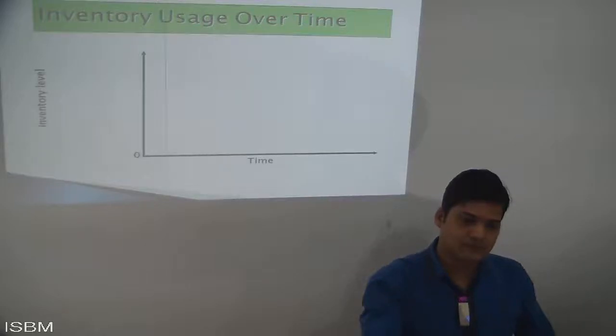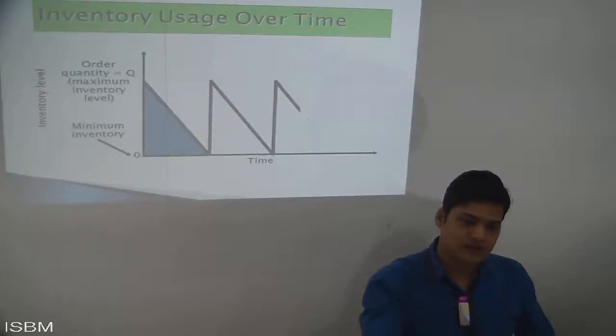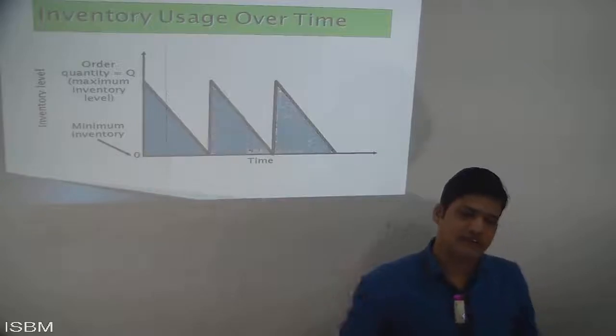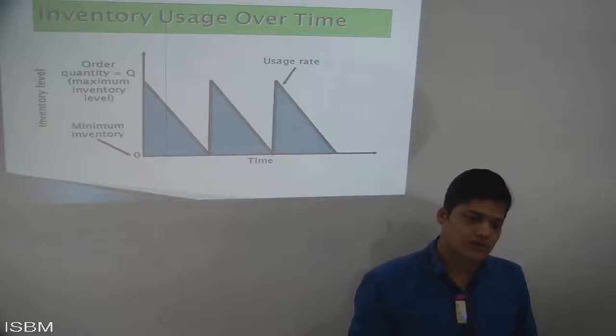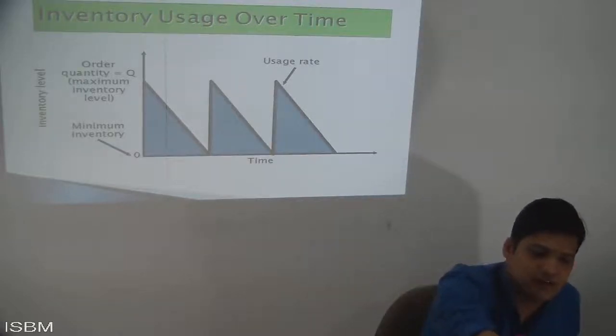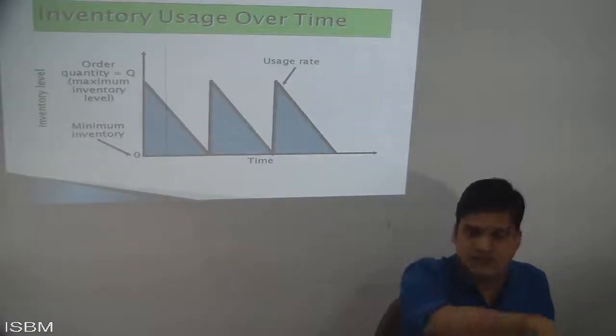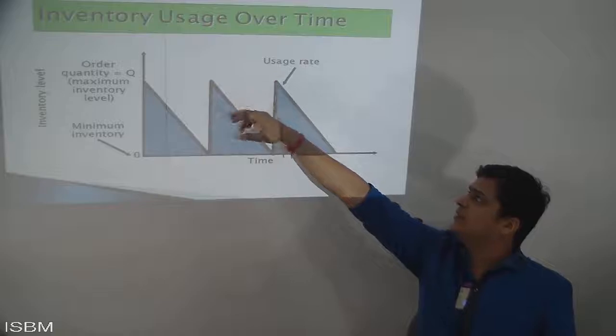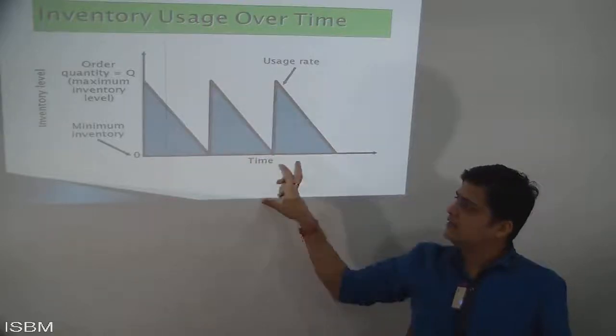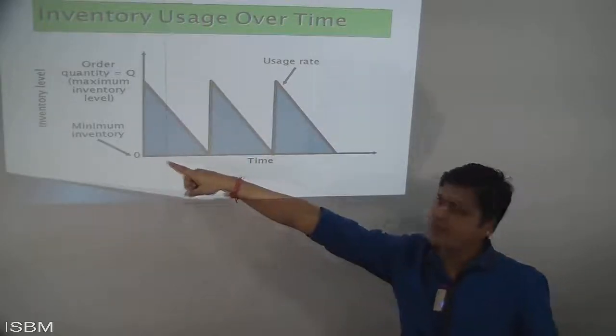Inventory usage over time. This is the kind of inventory usage over time. So EOQ, order quantity Q. Q is the order quantity, and 0 is the minimum inventory. This is the usage rate, and this is time, which is the inventory level. This is the highest, the high peak of the inventory level. Minimum inventory is 0.